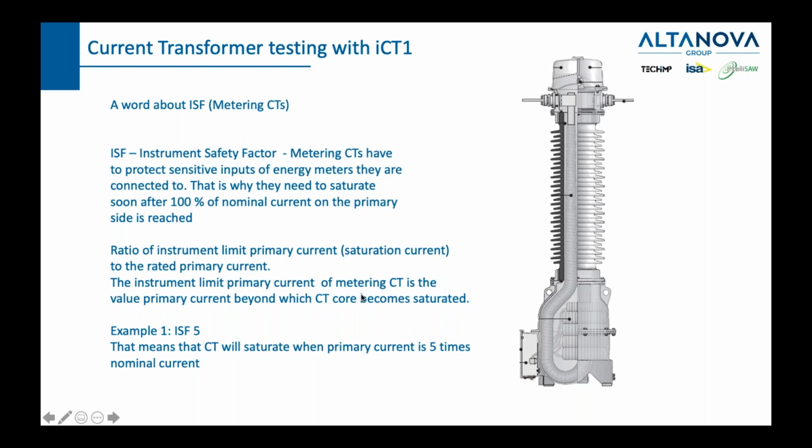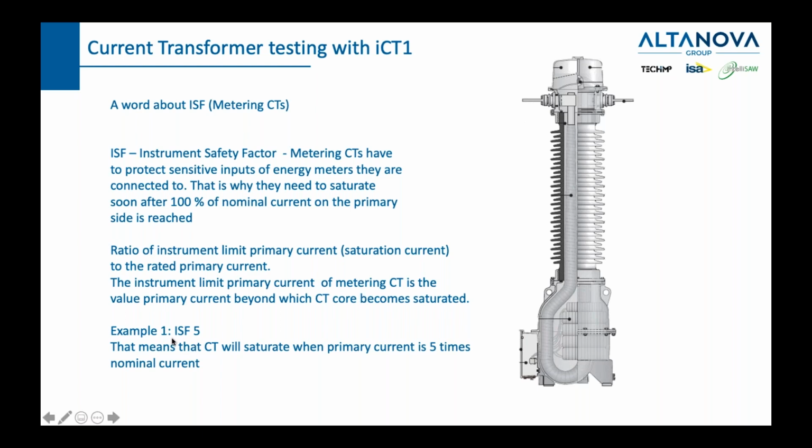So if we have, again, a 1,000 to 1 CT, which is a measuring CT, and we reach, let's say, 1,100 and we see on the secondary side 1.1 amp, and then we go to 2,000 amps on the primary, and we still see 1.1 amp on the secondary side, that means that 1,100 is the instrument limit primary current.